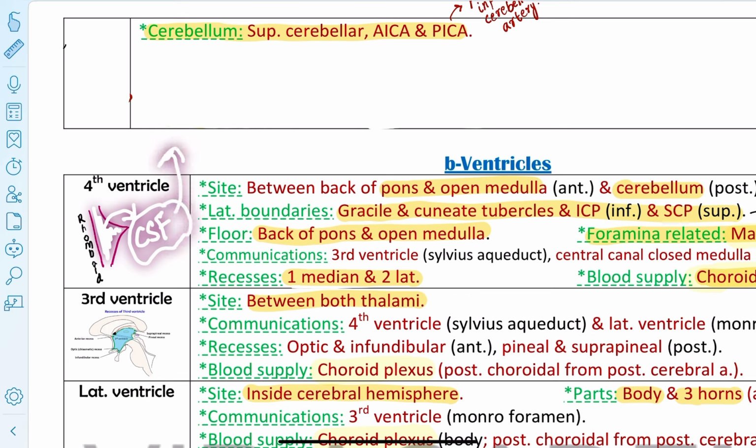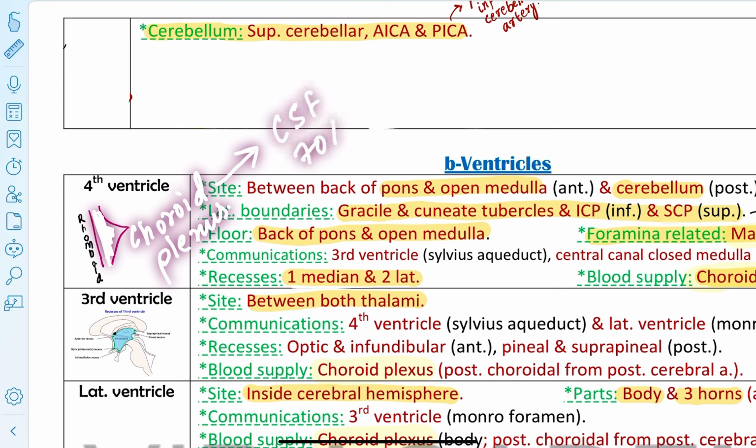Of course, only 70% of cerebrospinal fluid is produced in these ventricles, because they are filled with choroid plexus. Choroid plexus is what produces 70% of the CSF in our brain.